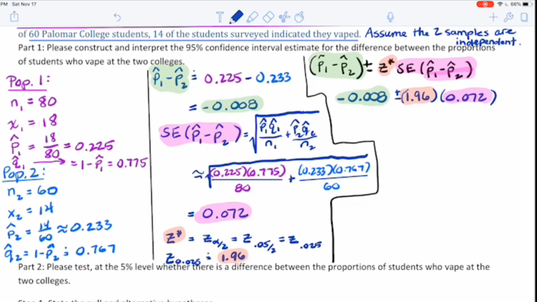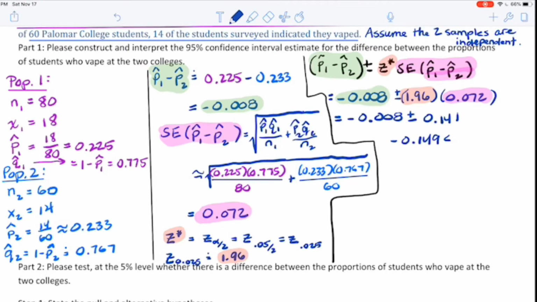Okay, so when you do this, this product over here, we will end up getting, so these are all equivalent, negative 0.008 plus or minus 0.141, giving us the interval of, when I subtract 0.141 from negative 0.008, I will get negative 0.149.